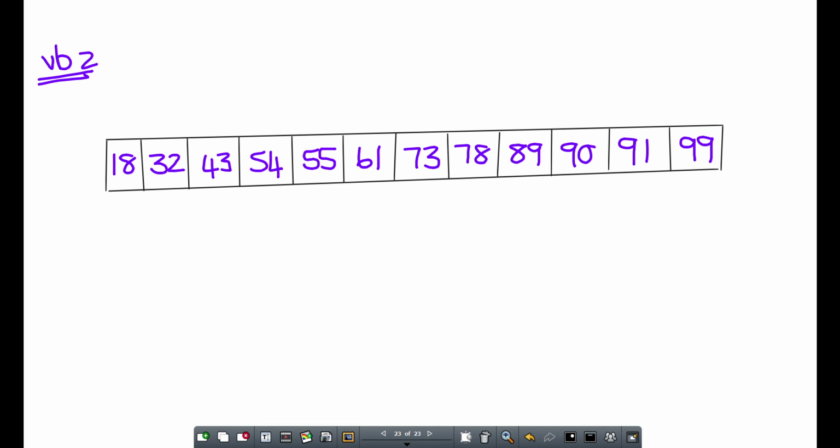So who can tell me where my Q2 would be? Ek wil nog geweet wat gaan Q2 wees. Q2 is mos dieselfde as my mediaan, né? Die middel. Okay, where would it be? Between 61 and 73. So Q2 gaan daar sit. Nee.